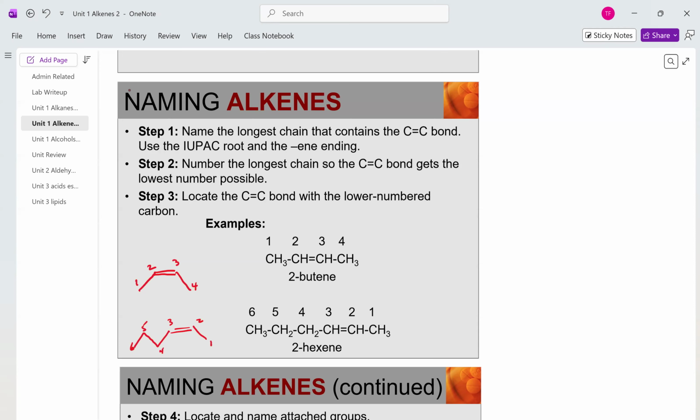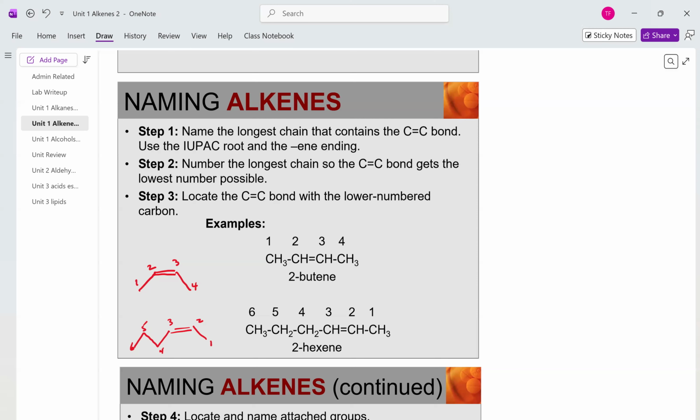But with all the other functional groups, there's alcohols, double bonds, aldehydes, ketones, acids, esters, amino groups, amides. There's a whole bunch of functional groups we're going to be studying this semester, and those have to be on the backbone.